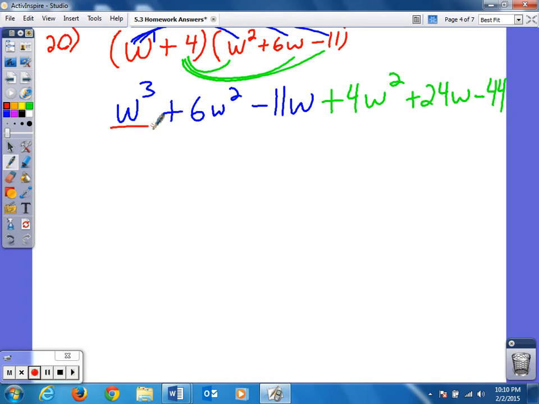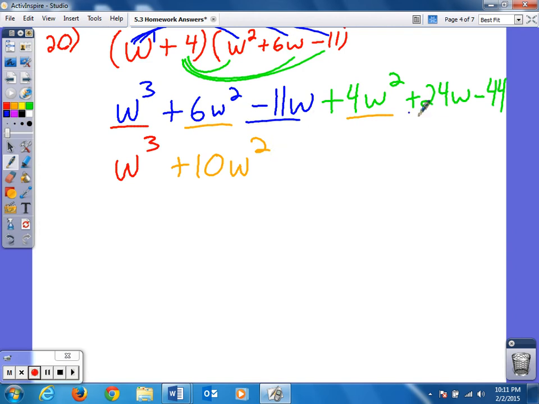There's only one thing with an x cubed, that's w cubed, not x cubed. So w cubed just stays by itself. There's nothing to combine that with. There are two things with a w squared, so we can combine those together. 6w squared plus 4w squared is going to give 10w squared.